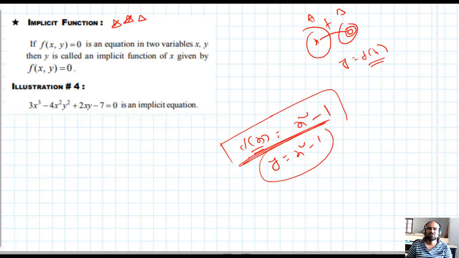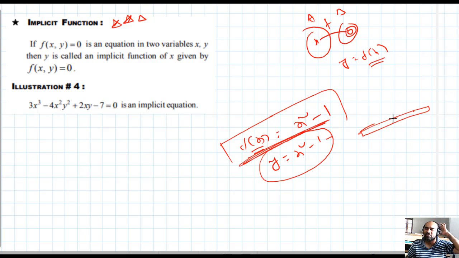In this function, directly you can make y the subject. Y is x square minus 1. Such functions are called explicit functions. But what is the implicit function? Implicit function means directly you can't make y the subject from that rule. Some rule is given. The rule involves x and y.